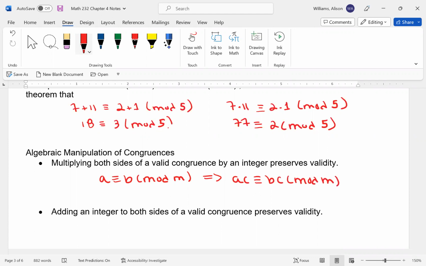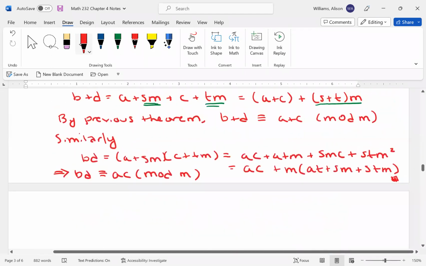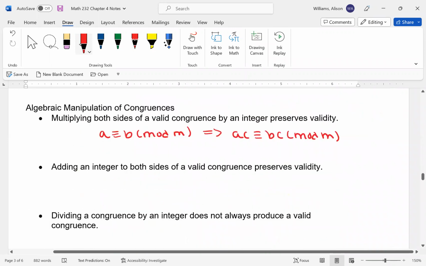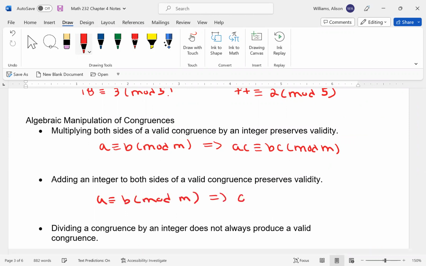And actually that follows from the same theorem up here. We would just assume that C and D happen to be the same value. You could add as well using the same theorem, letting C and D be equal. You can add C to both sides and it wouldn't be a problem.